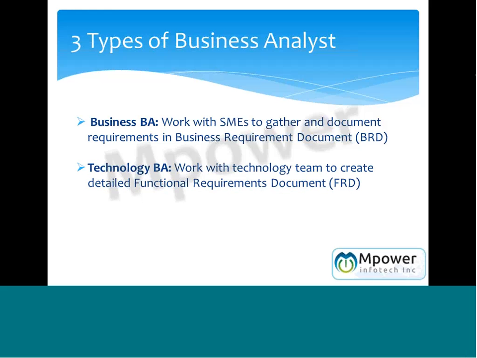In other words, a business BA will document high-level requirements, and those requirements are called business requirement documents. And the technology BA on the other side will be working on low-level requirements, and those requirements can be called functional requirements. That's all you need to understand for now.